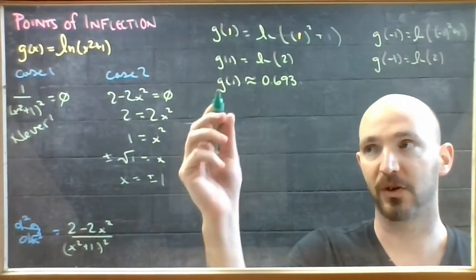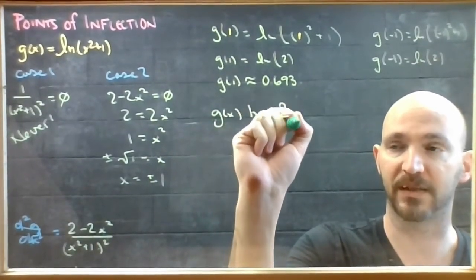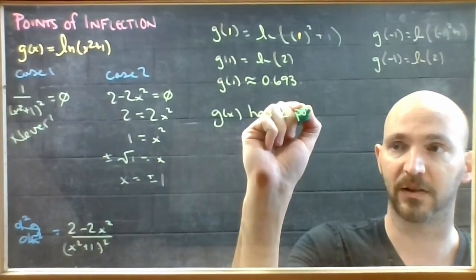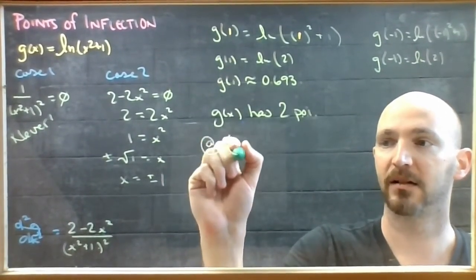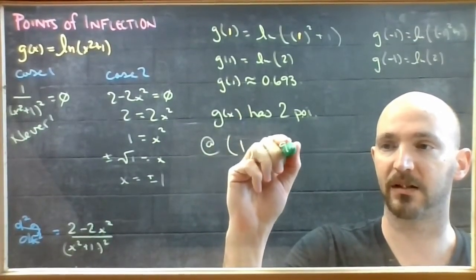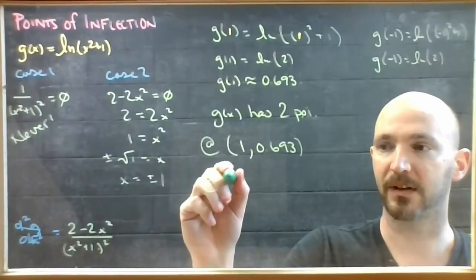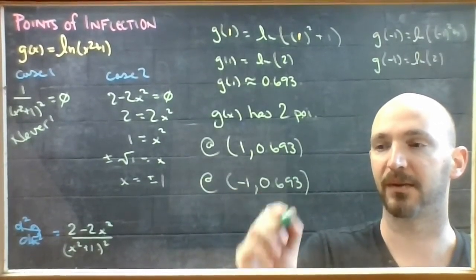So what we've just shown is that g of x has 2 points of inflection, POI, one at positive 1 on the x, 0.693 on the y, and another at negative 1 on the x, 0.693 on the y.